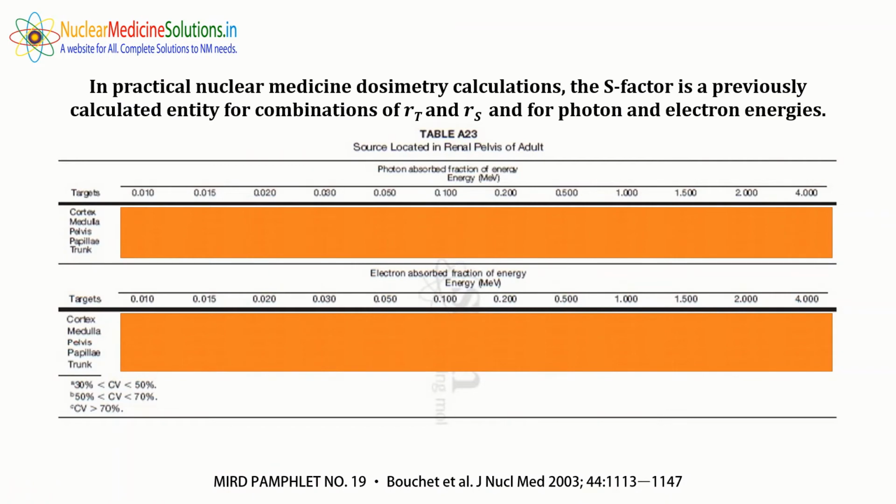In practical nuclear medicine dosimetry calculations, the S factor is a previously calculated entity for combination of RT and RS, and for photon and electron energies separately.